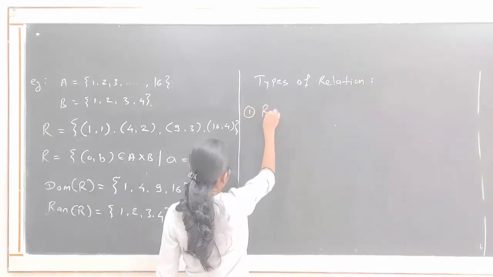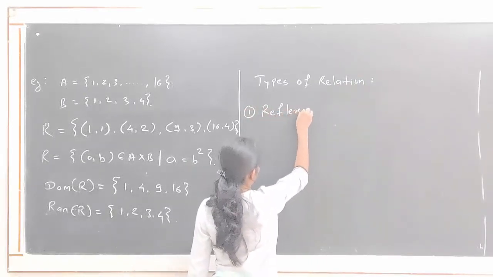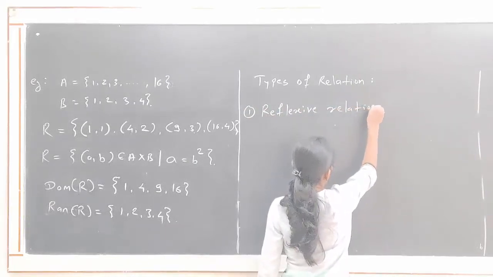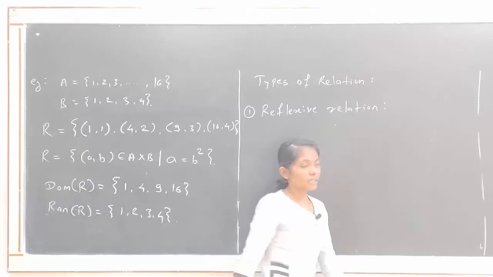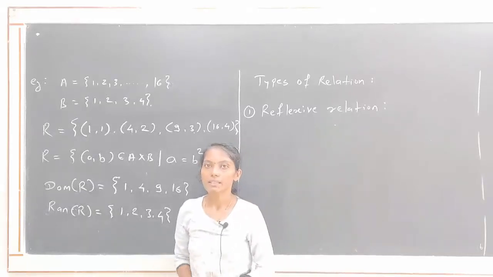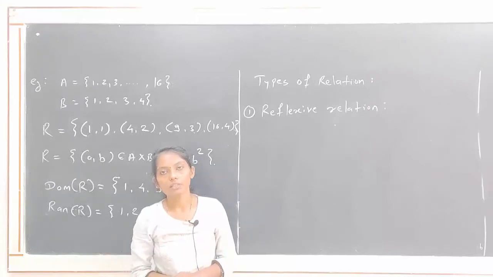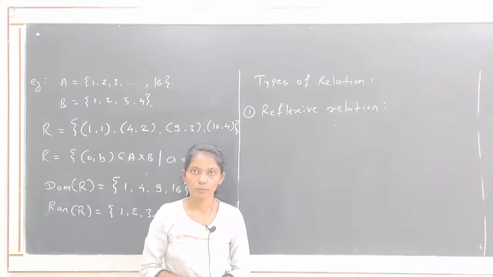First, reflexive. So here, a relation where A is related to A itself is called a reflexive relation.